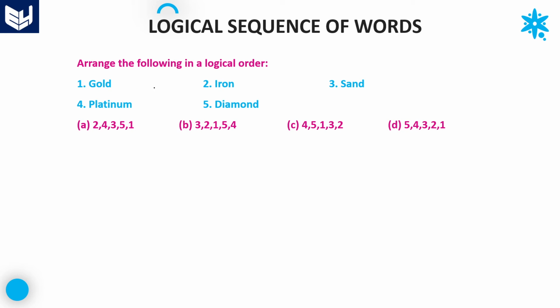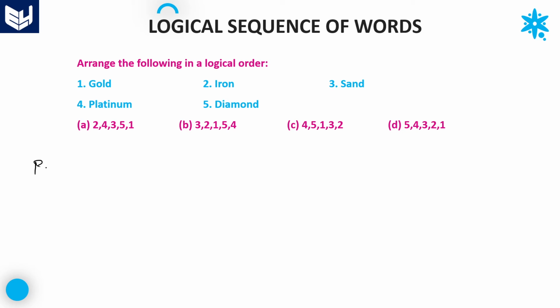See here, arrange the following in a logical sequence of order. The words given are gold, iron, sand, platinum and diamond. If you observe carefully, we can arrange them from cheapest price to highest price, or highest price to cheapest price.